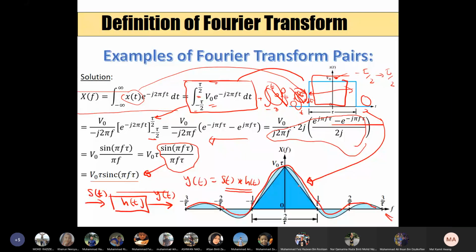So you use the Fourier transform. What does the Fourier transform say? The convolution becomes multiplication. It's actually multiplication of S of j omega multiplied by H of j omega.